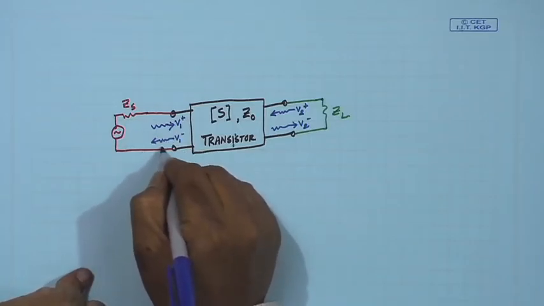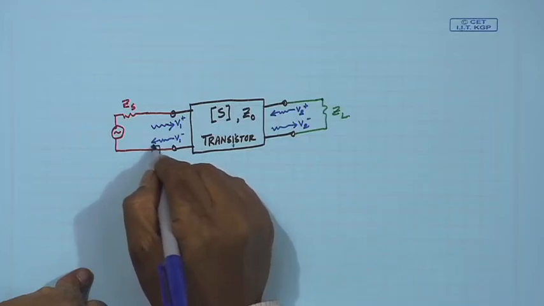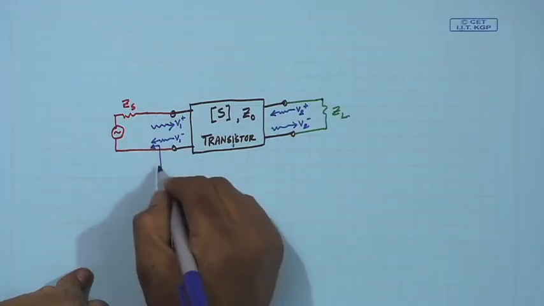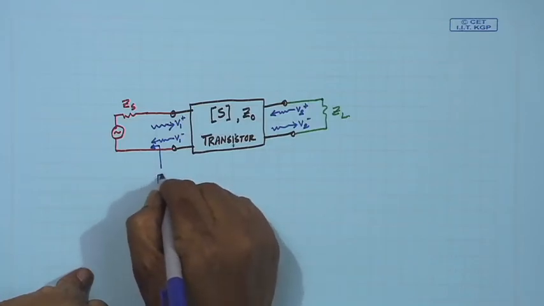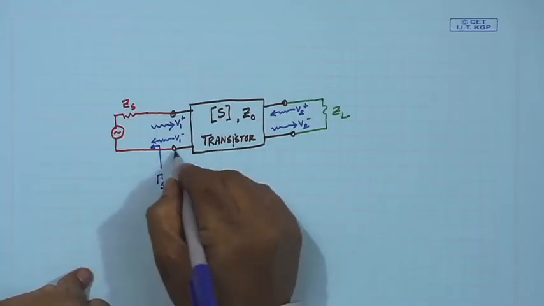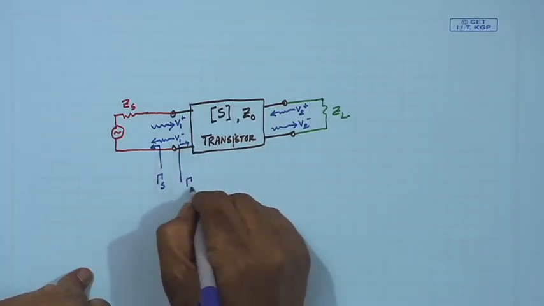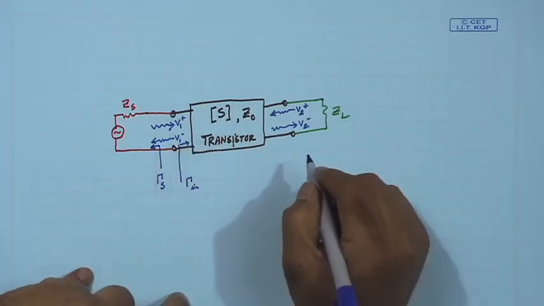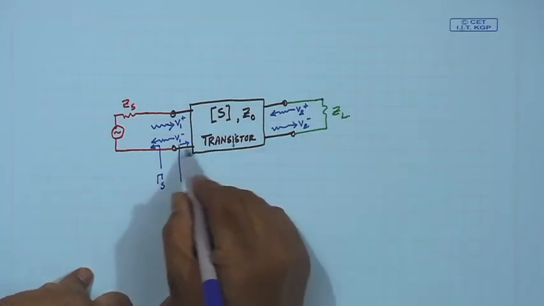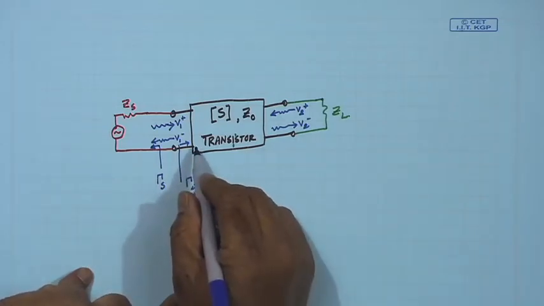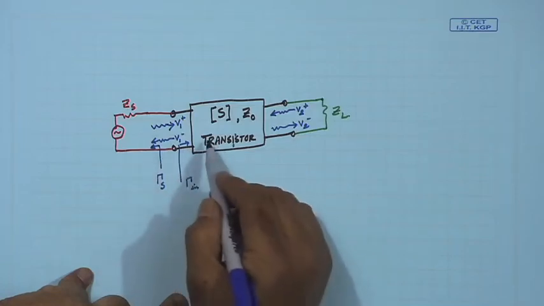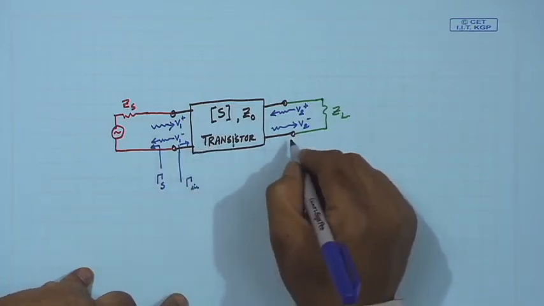reflections. If we look at the source side, there will be some source reflection. Similarly, if we look here, there will be some input reflection, because we see an input impedance, and depending on this impedance level there will be input reflection.